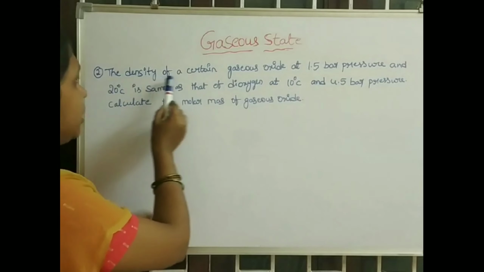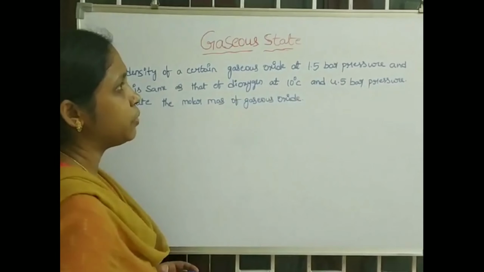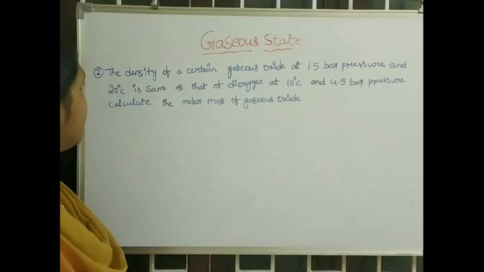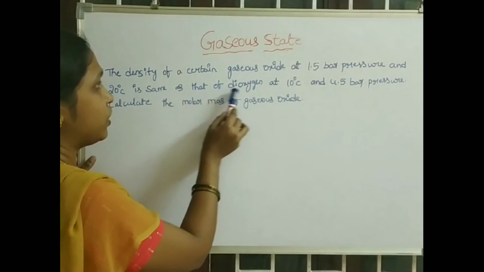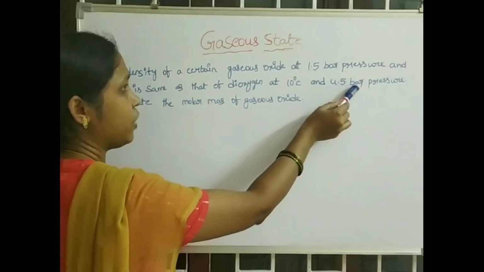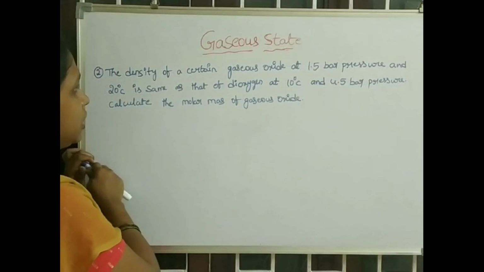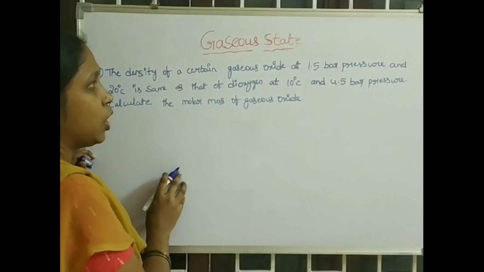The next one: the density of a certain gaseous oxide at 1.5 bar pressure and 20 degrees Celsius is the same as that of dioxygen at 10 degrees Celsius and 4.5 bar pressure. Then calculate the molecular mass of the gaseous oxide.